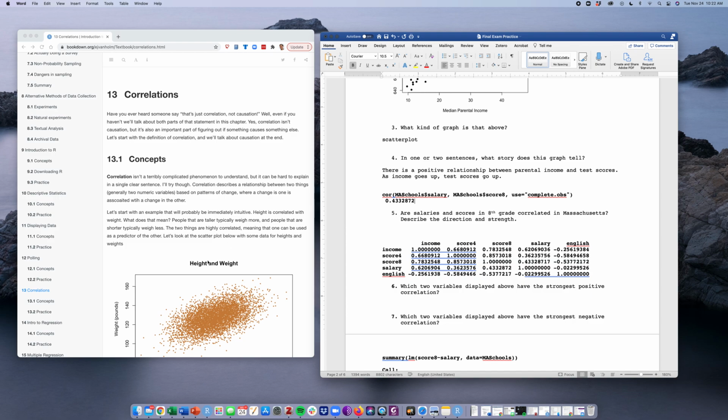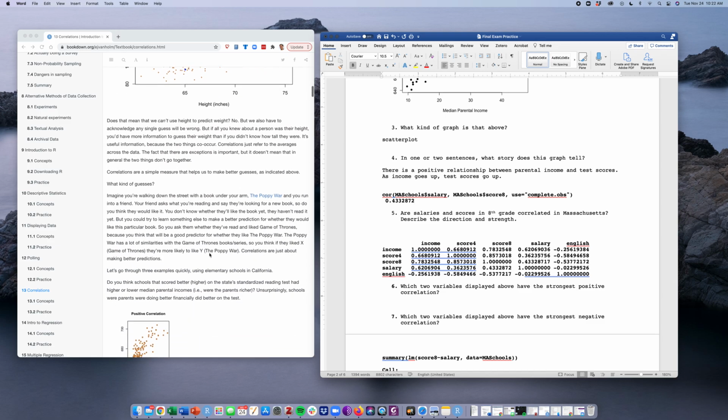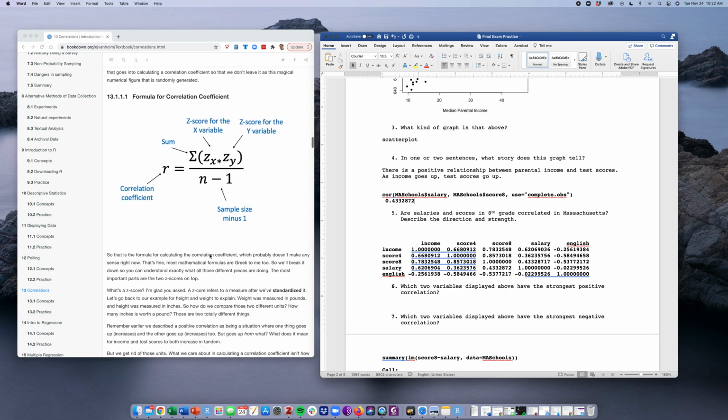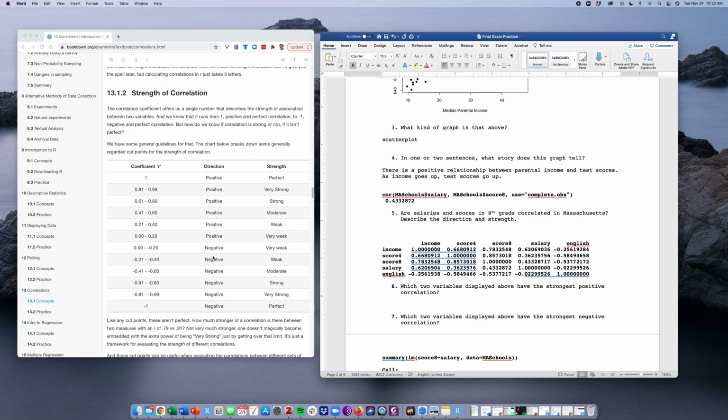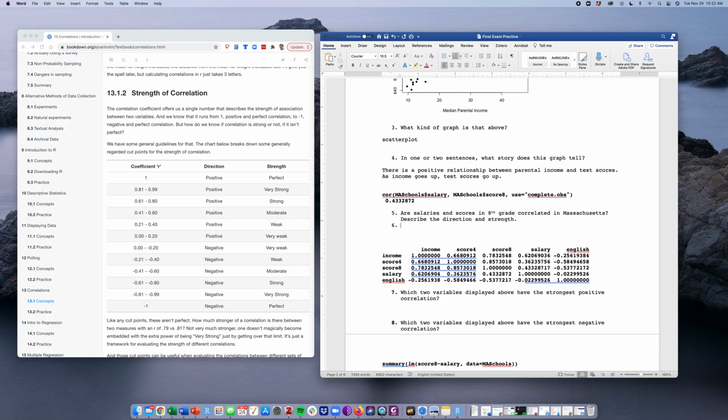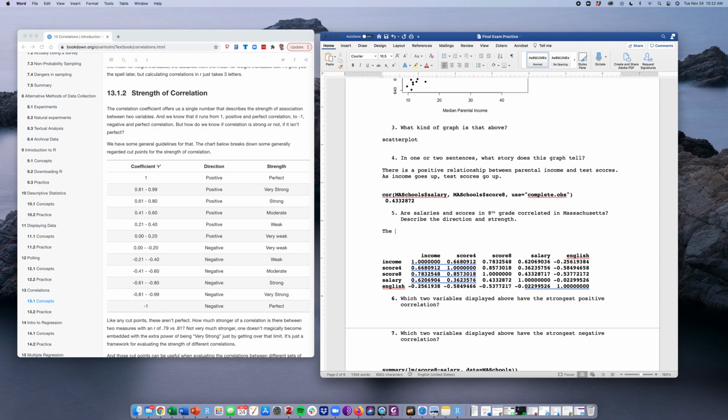And so I'm asking, are those correlated? And describe both the direction and strength. And so that's referring really specifically to this table down here about the strength of correlation. So I might say the correlation coefficient is 0.43.